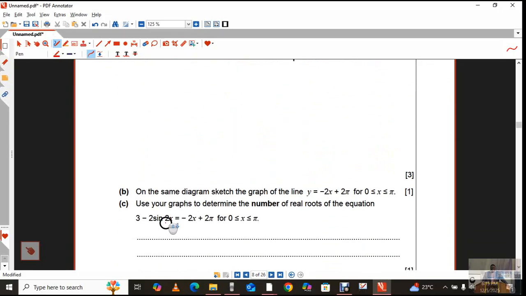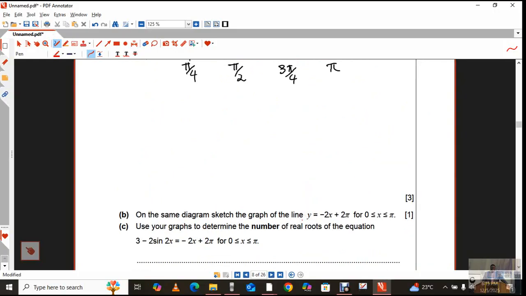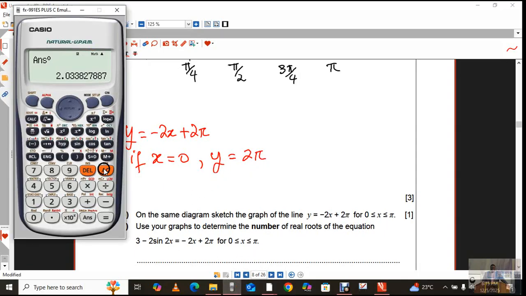Then they're saying, on the same diagram, sketch the line. Now, here's the thing about this line. The line is y equals minus 2x plus 2 pi. If x equals 0, then y will equal 2 pi. 2 pi is about 6 point something, about 6.2.